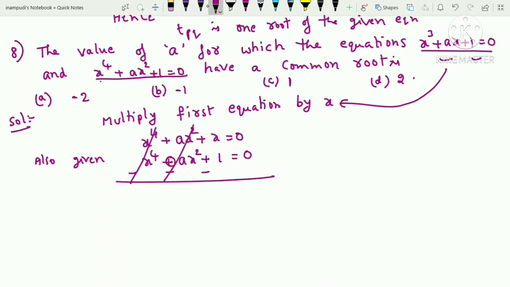Here x minus 1 equal to 0. x is equal to 1. So we get the x value. Both satisfy the one value; x equal to 1 is the common root.